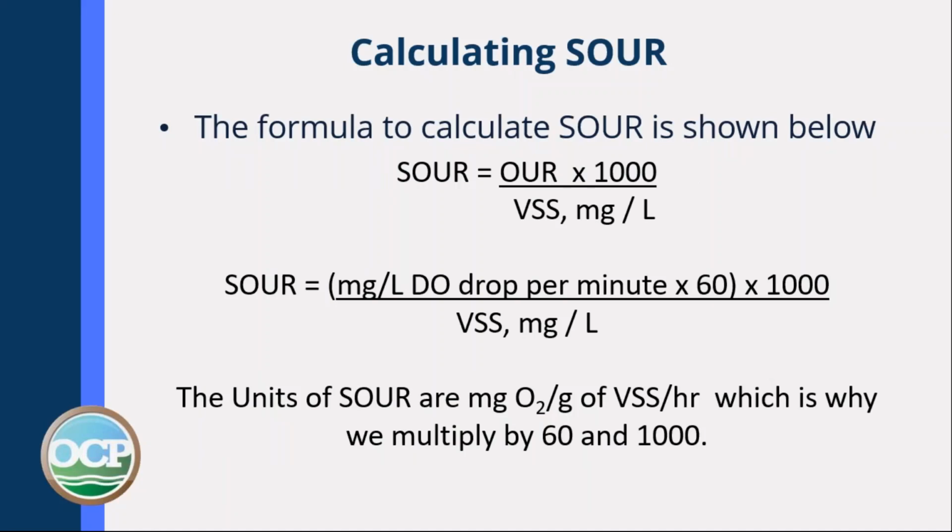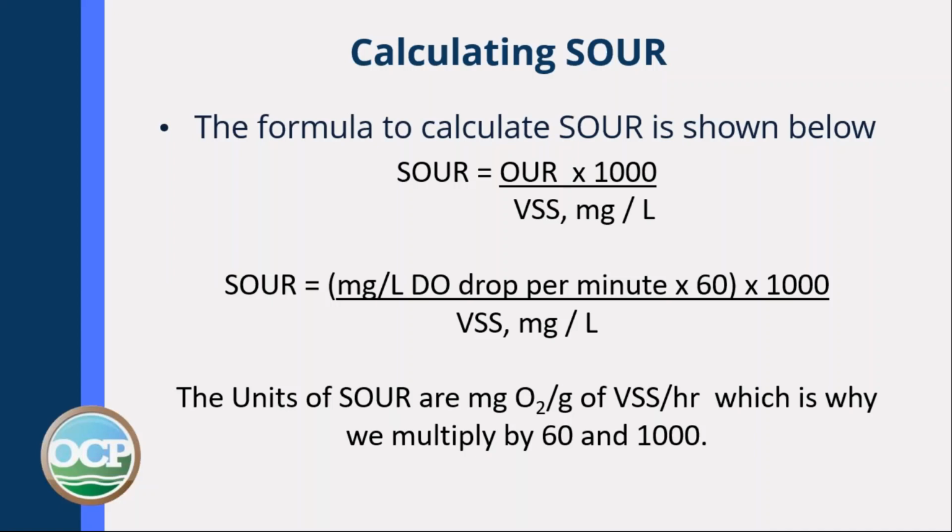The formula to calculate your SOUR is SOUR equals oxygen uptake rate times 1,000 divided by your volatile suspended solids in milligrams per liter. If you write it out longer, the SOUR equals the milligrams per liter of DO drop per minute times 60, because that's the oxygen uptake rate, times 1,000 divided by volatile suspended solids in milligrams per liter.